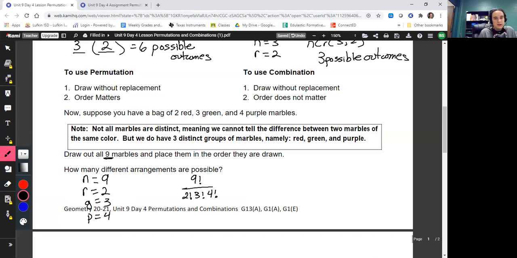Again, I highly recommend pressing Control Divide first, so you get your fraction and don't have to worry about parentheses. 9 factorial over 2 factorial, 3 factorial, 4 factorial, and we get 1,260 possible arrangements.